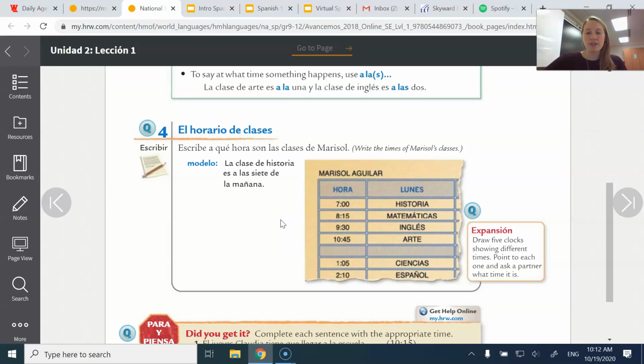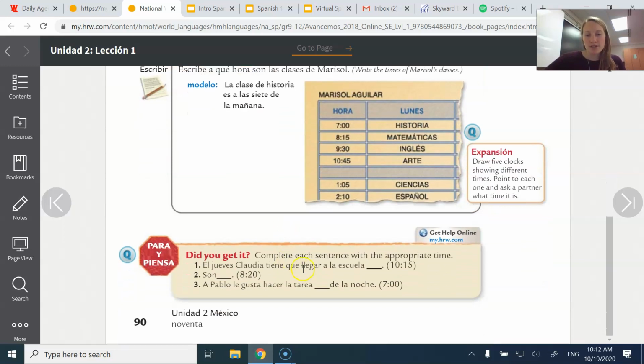La clase de arte es a las 11:15 de la mañana. La clase de ciencias es a la 1. Remember, notice I said la instead of las. A la 1:05 de la tarde. La clase de español es a las 2:10 de la tarde.